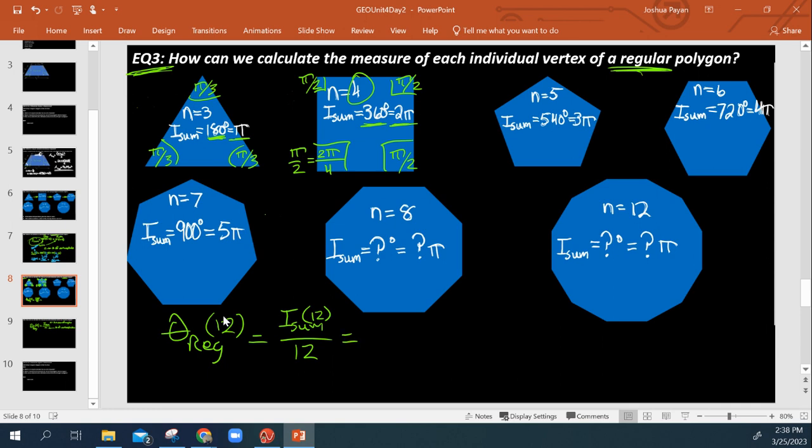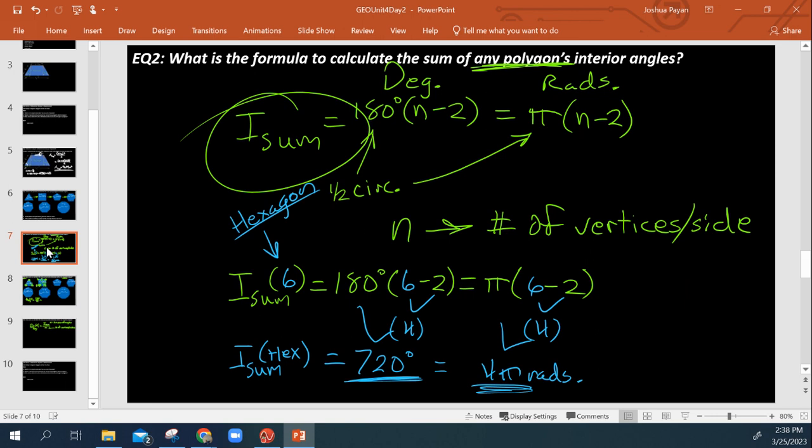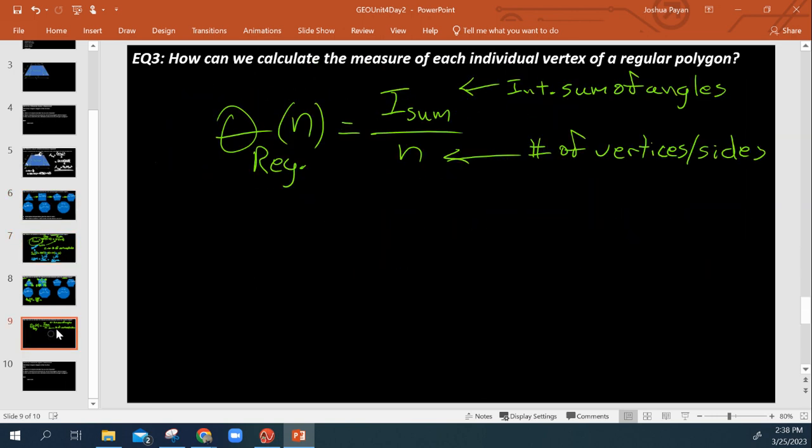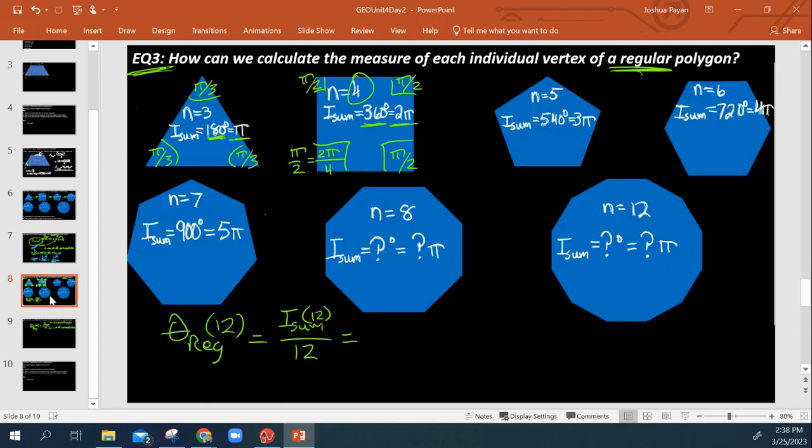The interior sum for a 12-sided regular polygon can be found by doing the same formula from back here. So all I'm going to do is simply plug into that. We're going to do simultaneously degrees and radians. So we're going to say 180 degrees times n minus 2, all divided by n.